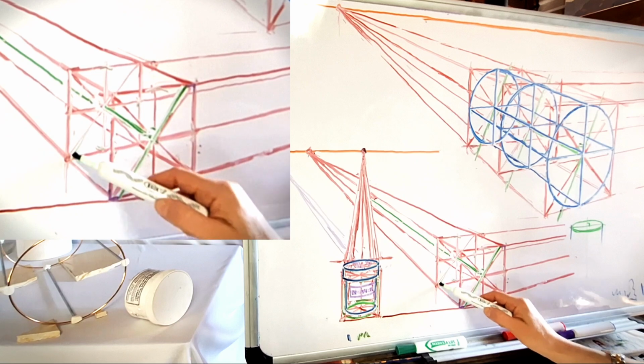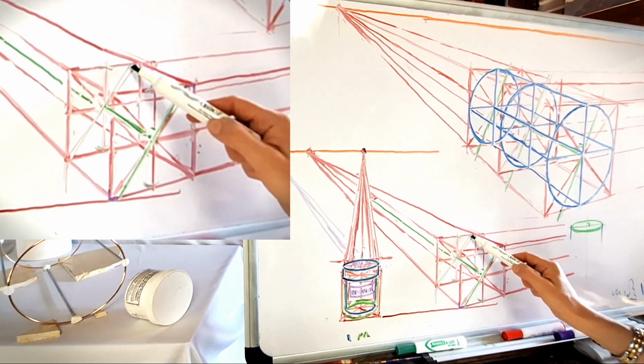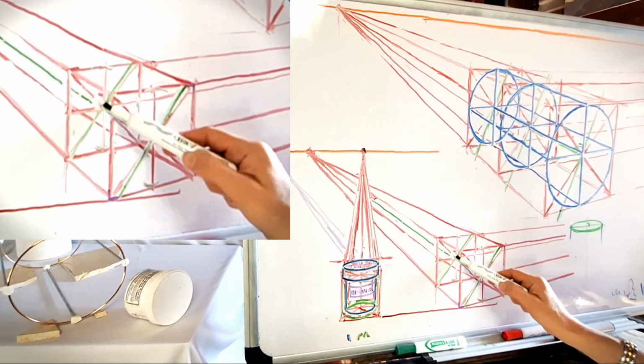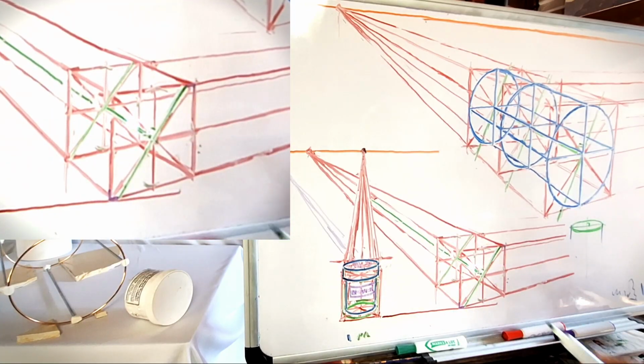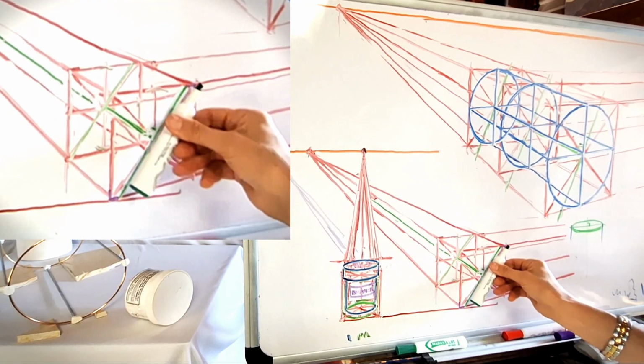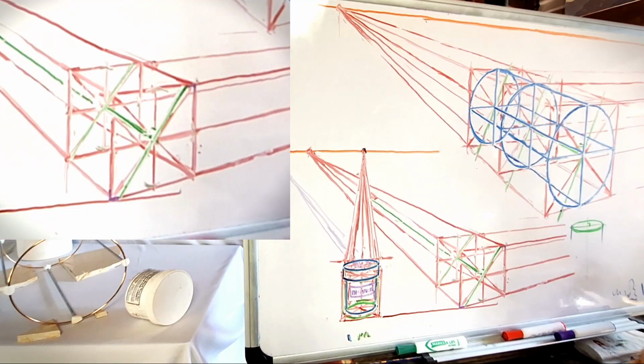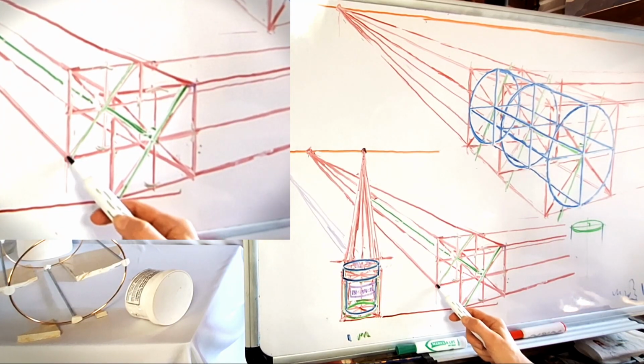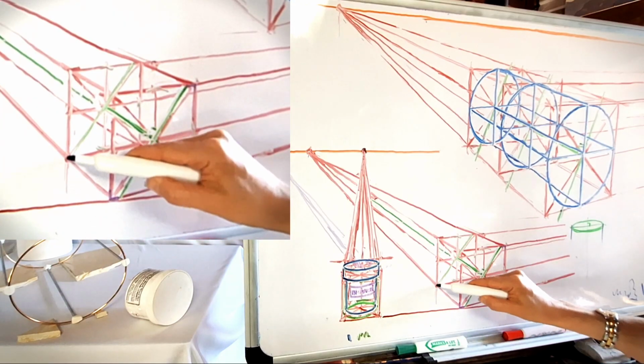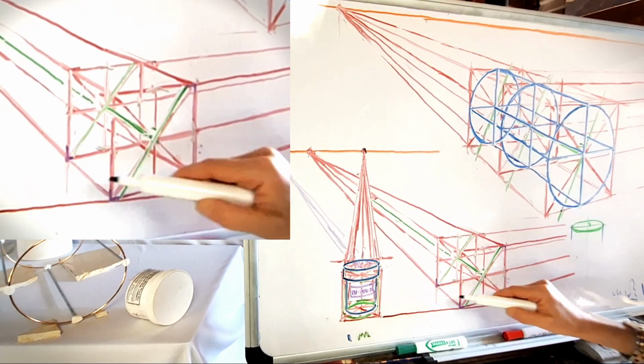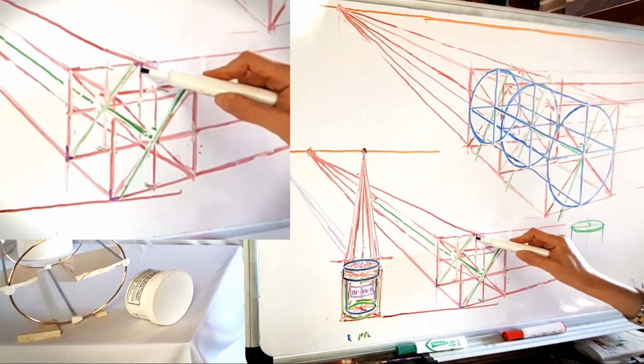We can draw a 90-degree line through here, which should be exactly parallel to here, and it should be the same distance from now this corner and this corner.